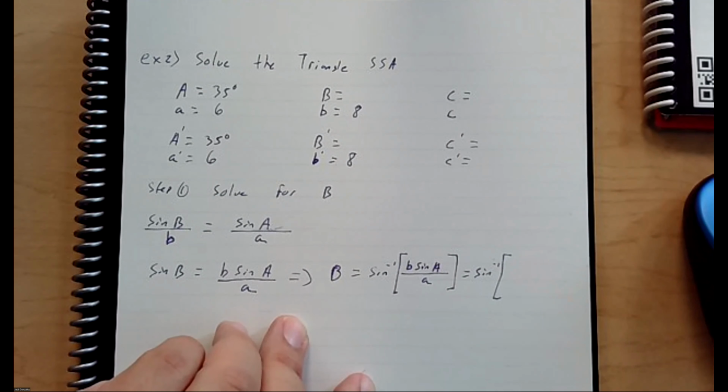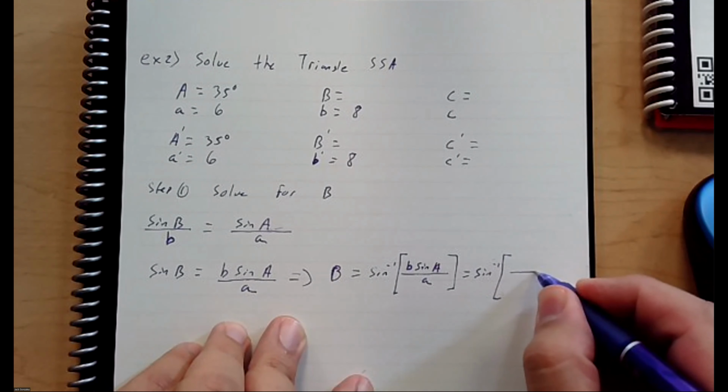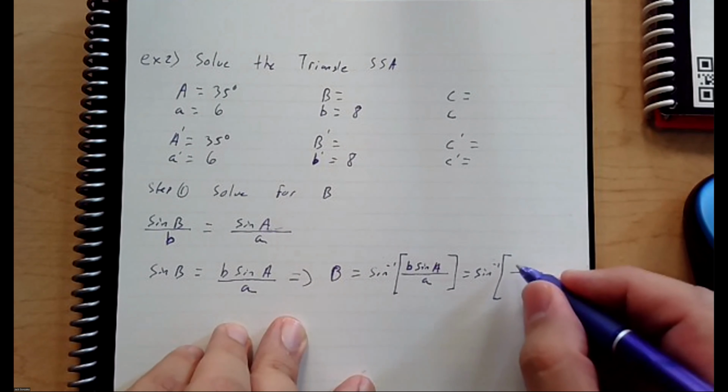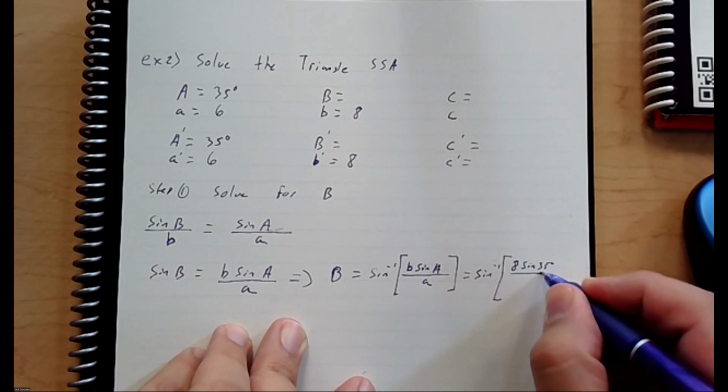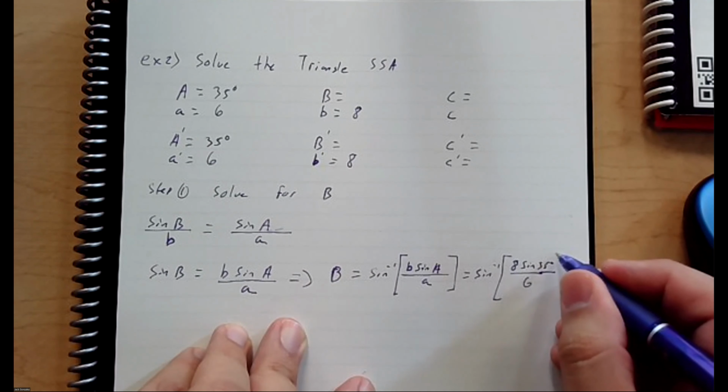B equals b sine A over a, which will be 8 sine 35 over 6.